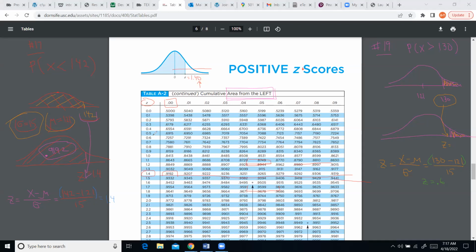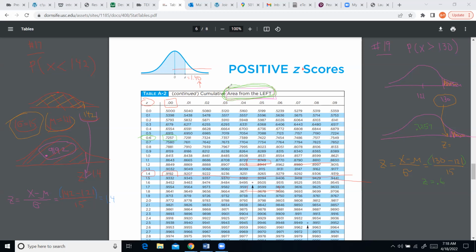When I say it's a 0.6, it's 6 tenths, and in the very first column, looks like in this section, we only use first column. I get some number, 0.7257. Please notice this is not the answer as of yet, because tables give me only areas from the left.